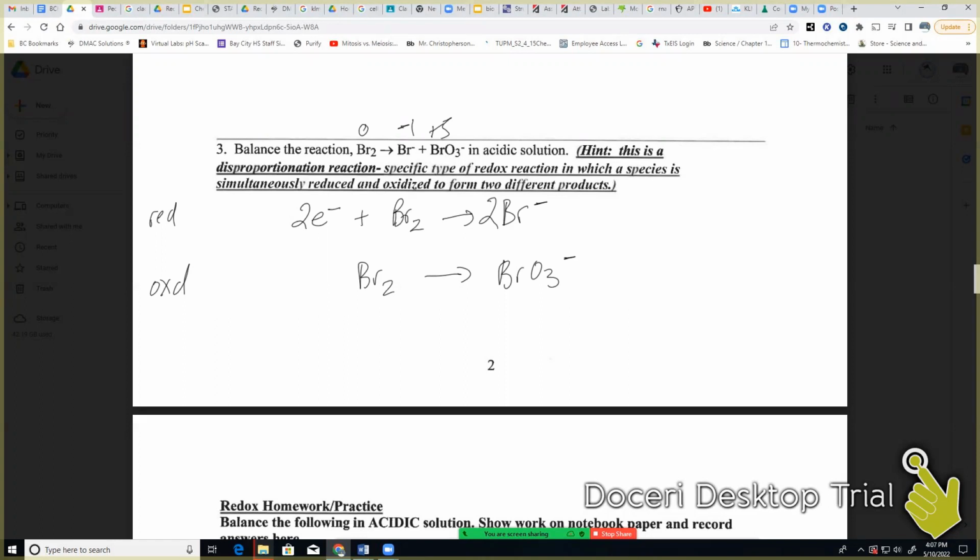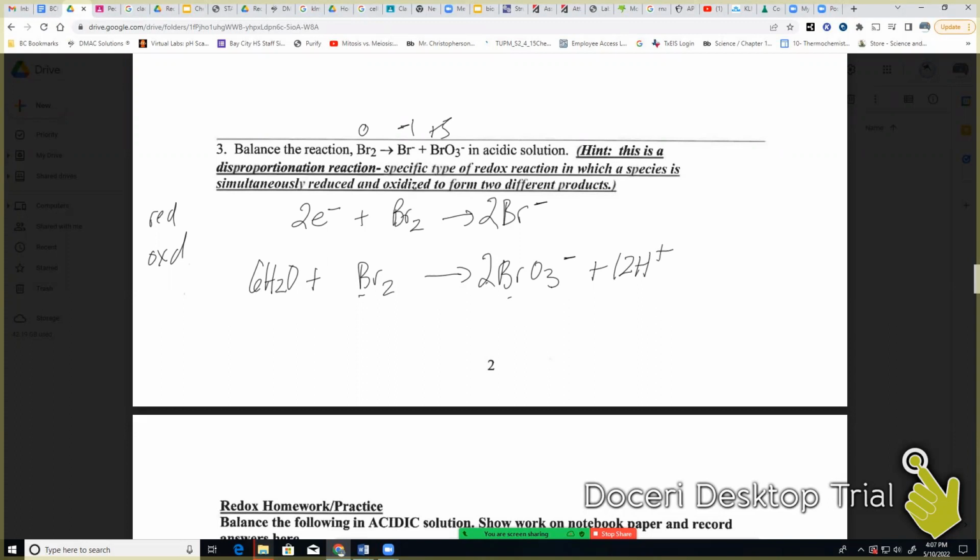Now I'm gonna go to my next one. Once again, 2 bromine and only 1 here, so I'm gonna put a 2 here. 2 times 3 gave me 6 oxygen, so that means I'm gonna have to add six waters. Once again, I can tell that's gonna already be in my way. 6 times 2, 12 hydrogens, so I'm gonna come over here and add my 12 hydrogen here.